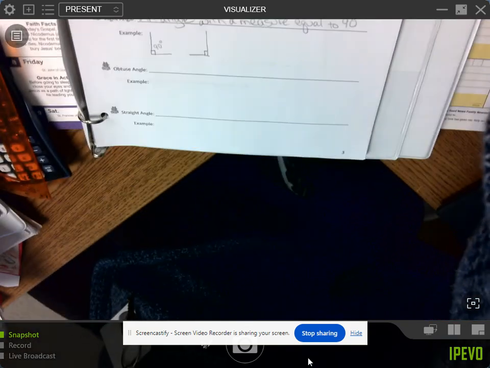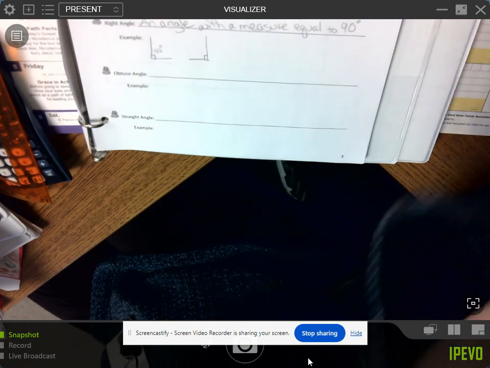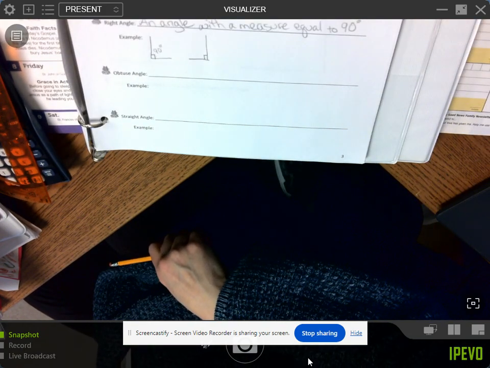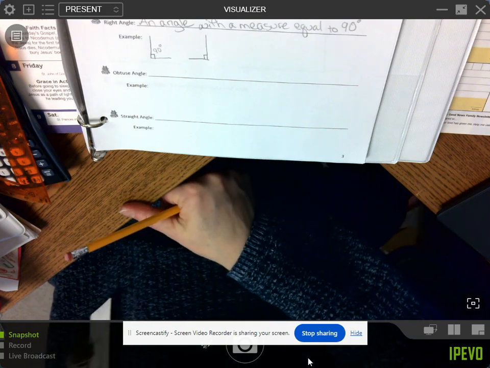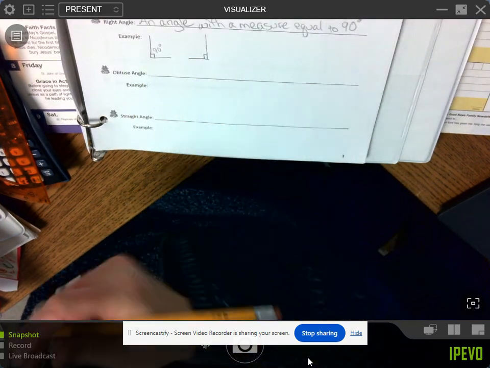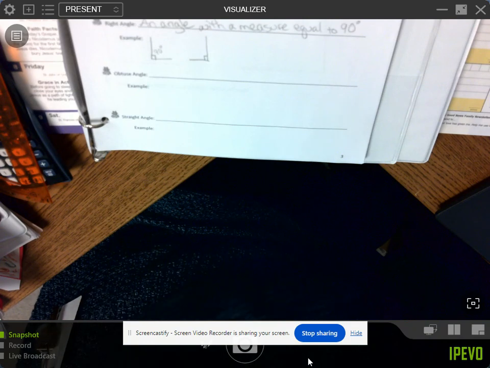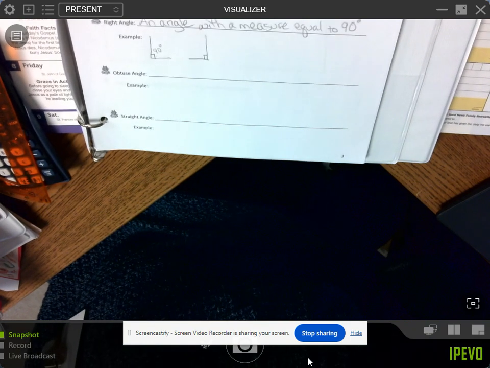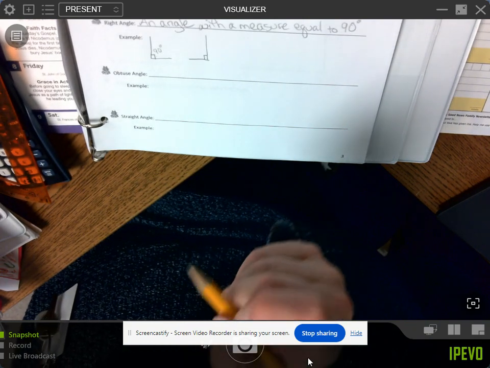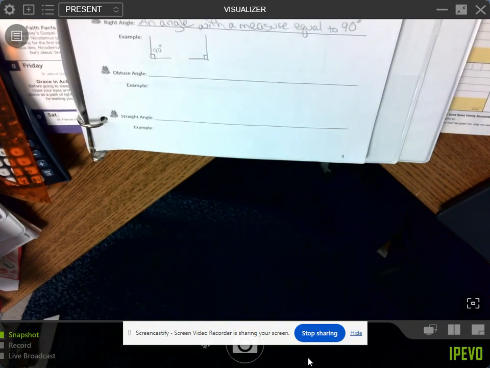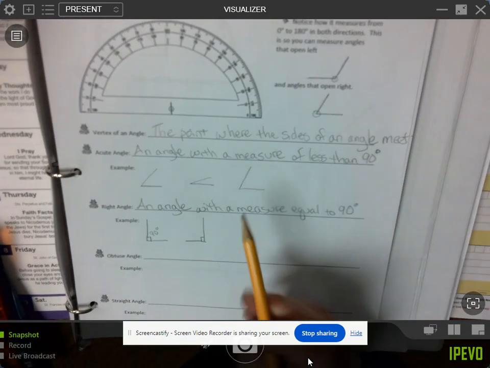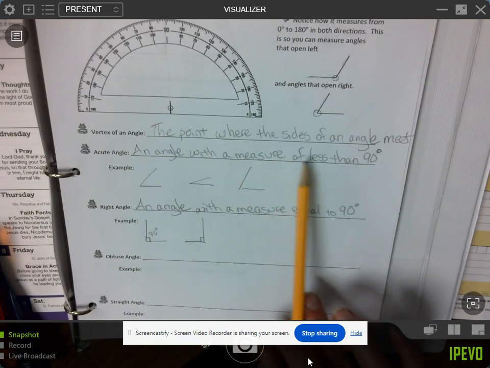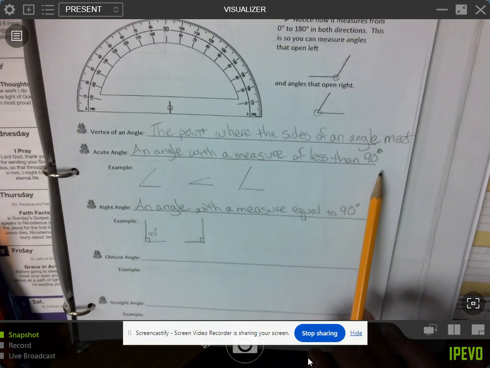Then we have an obtuse angle. What is an obtuse angle, Marina? It is big, but you have to be more specific than that. Dom? So look back to what we put for acute angle. We said an angle with a measure of less than 90 degrees.